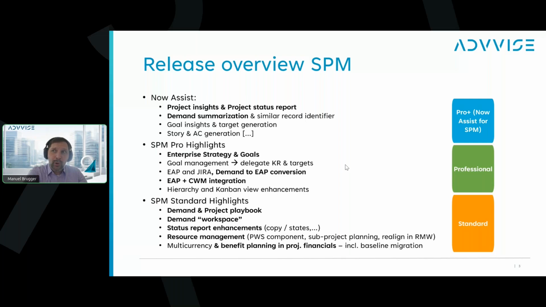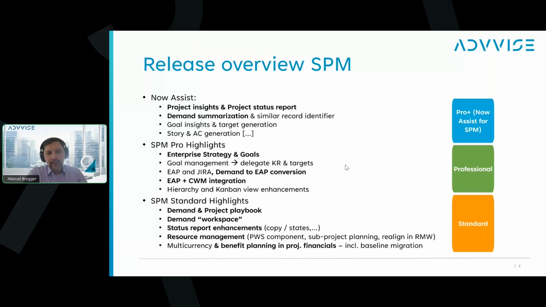For SPM Pro, we have a few really cool new functionalities. The one is related to enterprise strategy and goals. This one I'll definitely demo. Here we can see quite some enhancements related to the way we deal with enterprise strategy and OKR management.